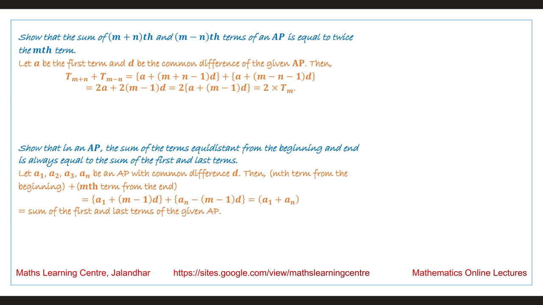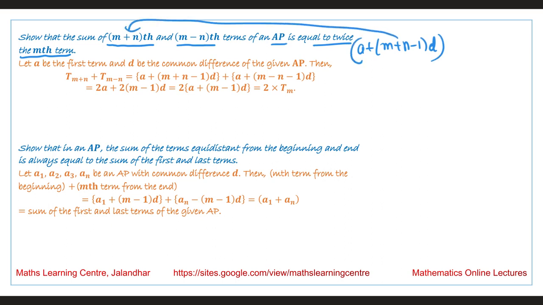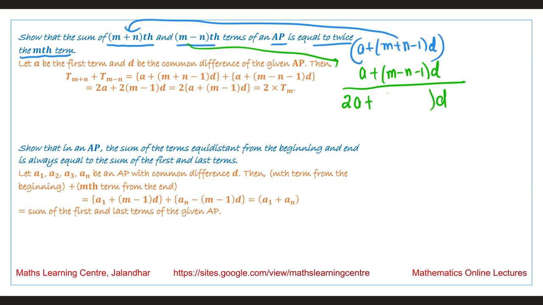Next is, show that the sum of the m plus nth and m minus nth term of an AP is equal to twice the mth term. So we say that A plus m plus n minus 1 d is the m plus nth term, and if we add to it A plus m minus n minus 1 d, the answer we get is 2A plus, when we add these two values, d is common, this n gets cancelled, 2 is over there, and we are left with m minus 1.